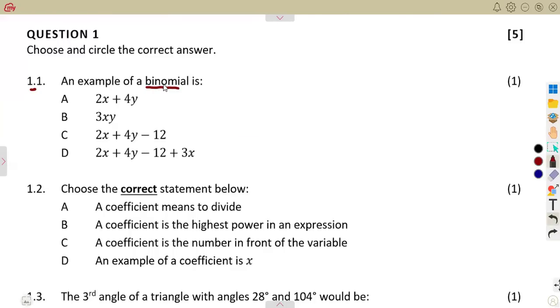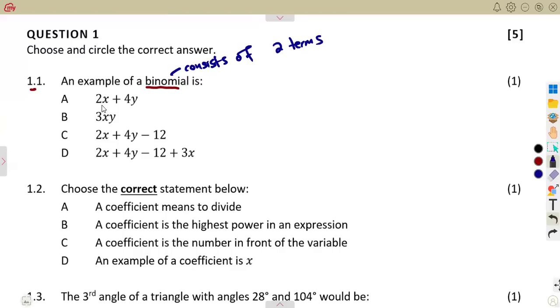Remember, this is a polynomial consisting of two terms. A binomial is supposed to have two terms. So of these polynomials that we have, which one is a binomial, where there are two terms?